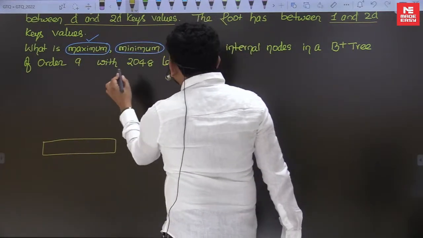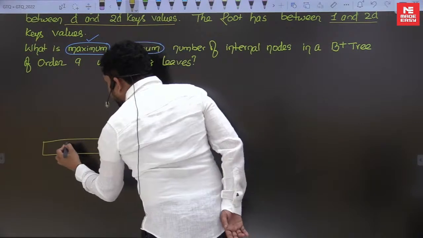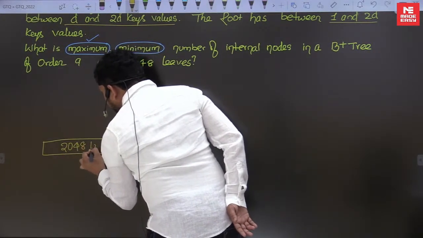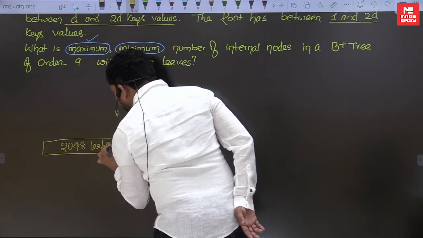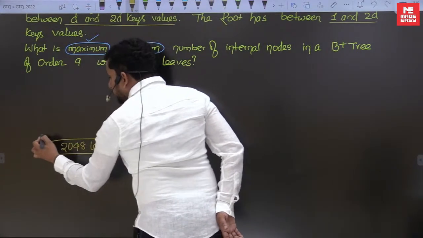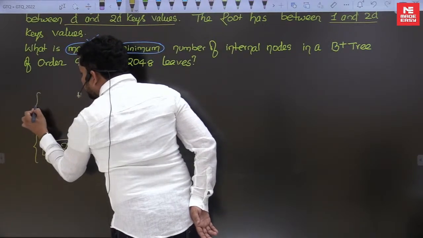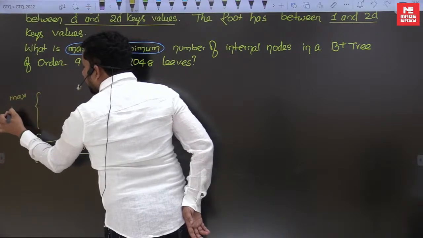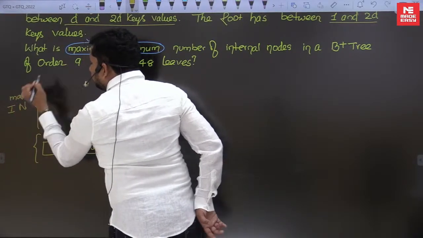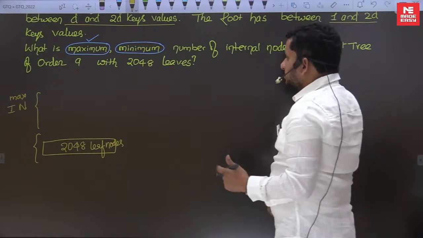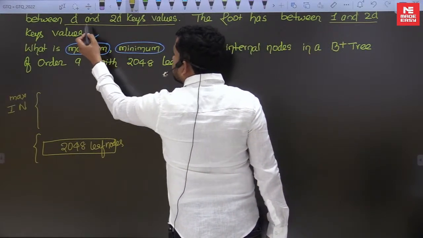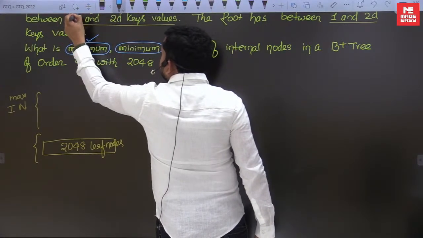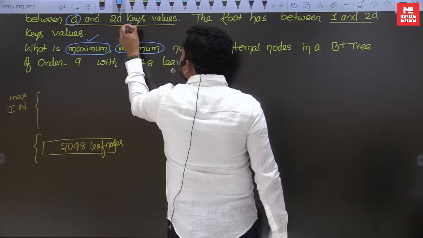We have 2048 leaf nodes, and we need to design with maximum internal nodes. Maximum internal nodes means take the minimum occupancy, so minimum D keys.